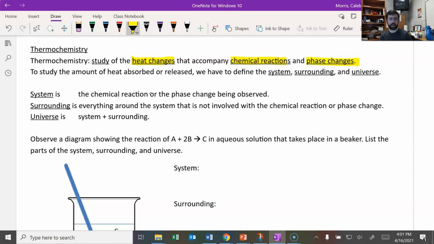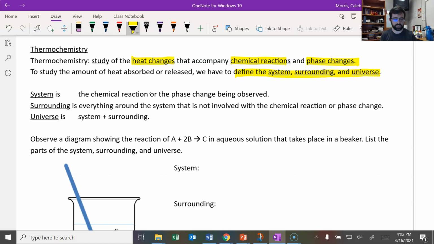To study the amount of heat absorbed or released, we first have to define the system, surroundings, and the universe. This may seem a little bit unnecessary to some people, but it is really important in order to actually answer these questions effectively, including some of them that initially seem simple. You really need to think about what the system is, what the surroundings are.